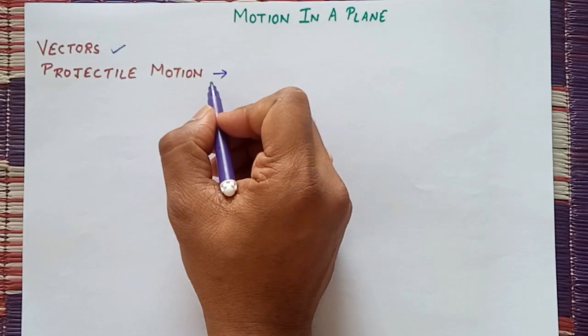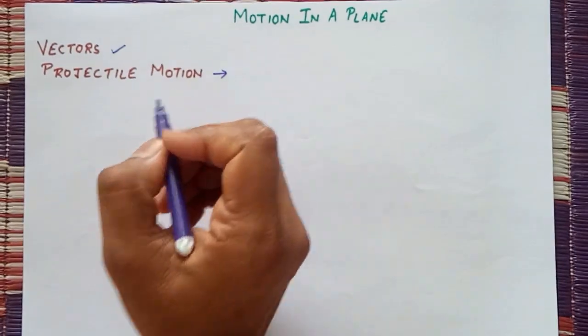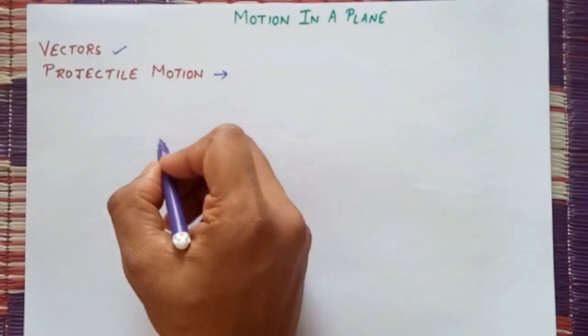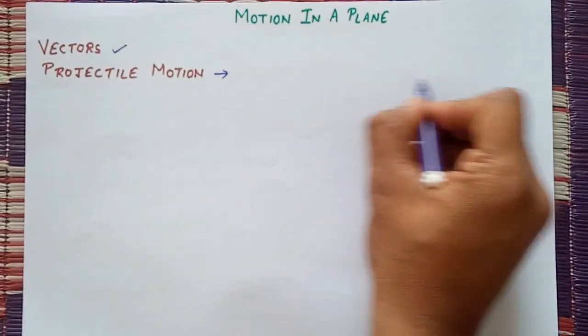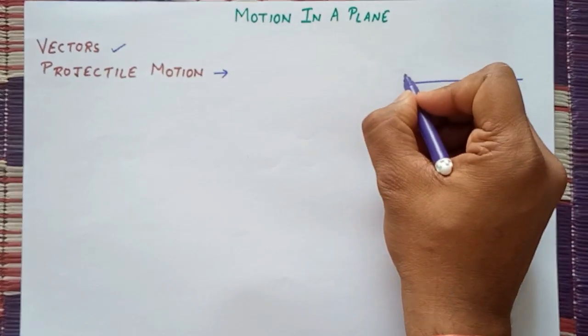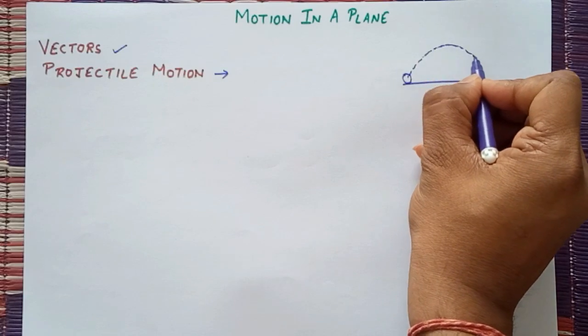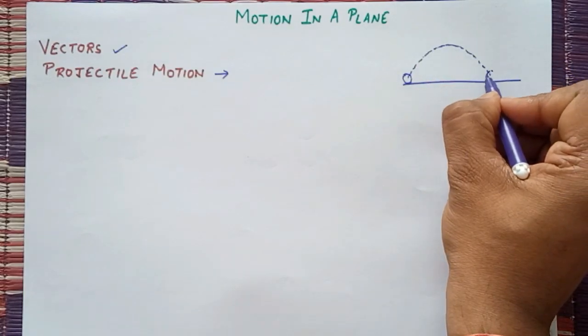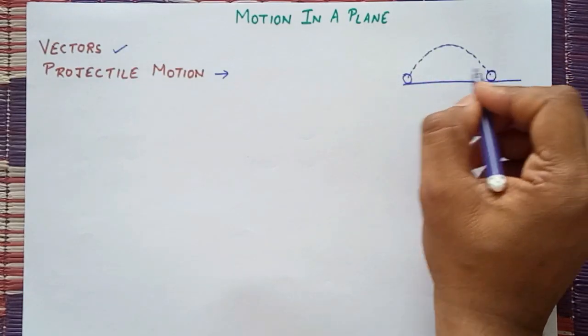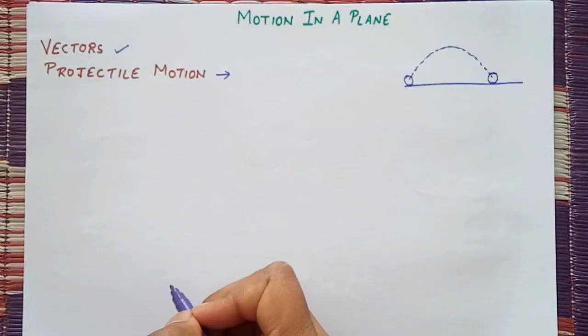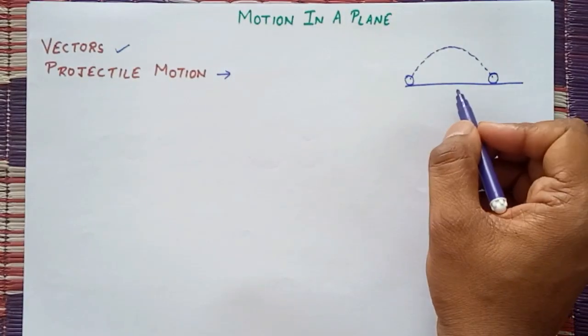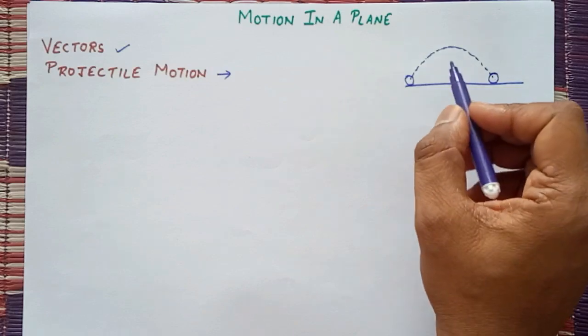So first of all, what is a projectile and what is projectile motion? See, when we throw an object from earth and it goes like this and comes back to earth, then this is known as projectile motion, and the object which is thrown is known as the projectile.